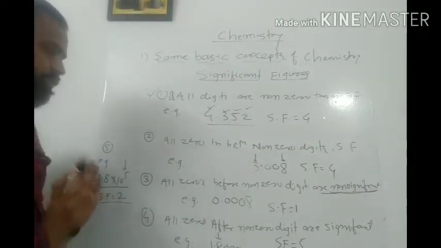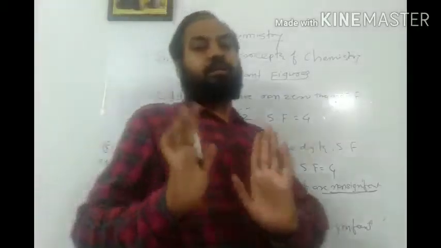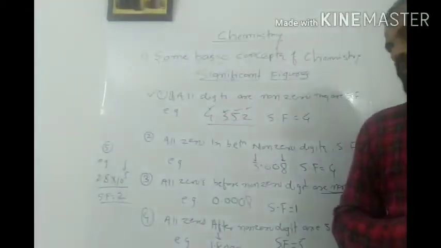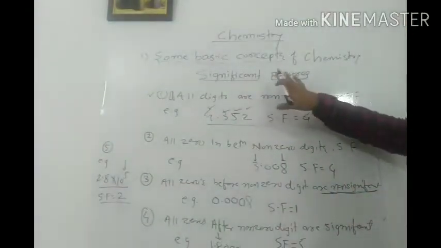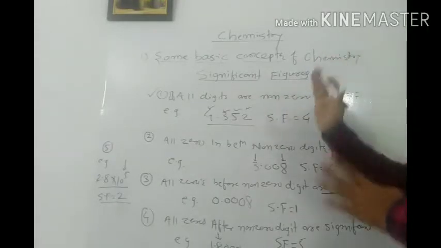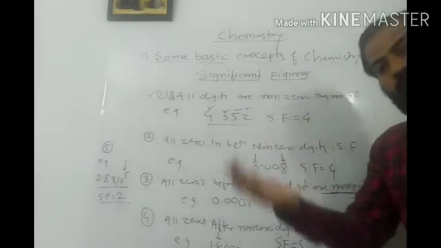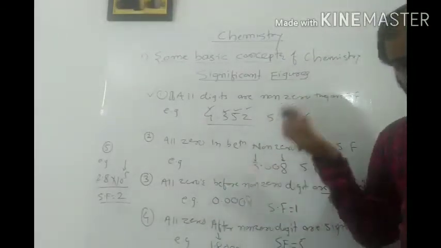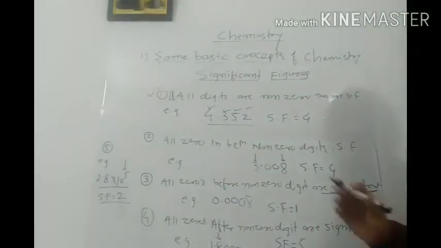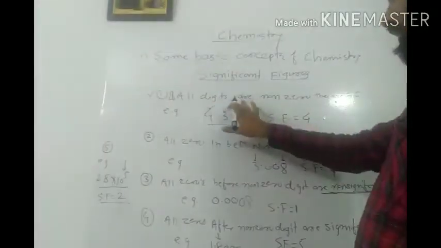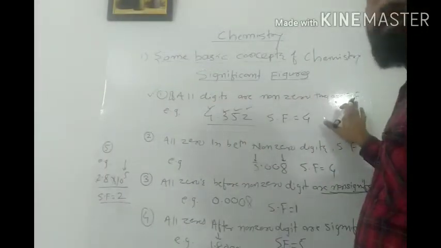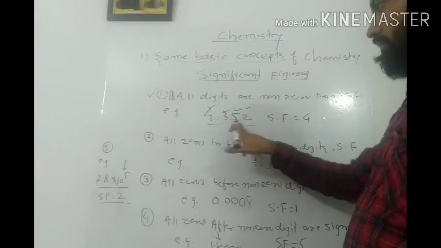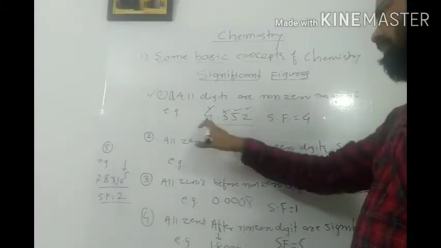So these are the 5 important rules while writing down significant figures. Firstly, we have to understand what a significant figure is. Then, after knowing these rules, we can perform the operations: addition, subtraction, multiplication and division. First rule: all non-zero digits are significant.